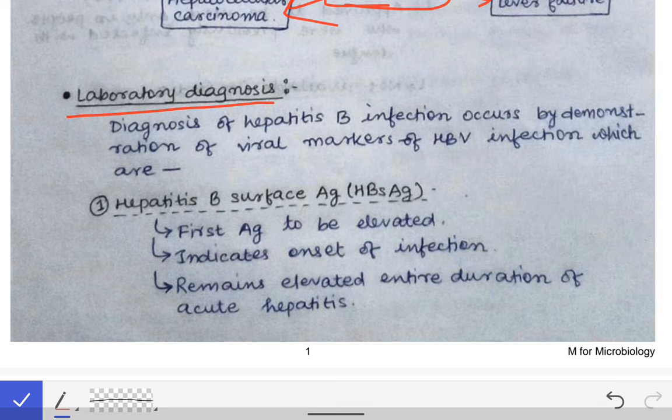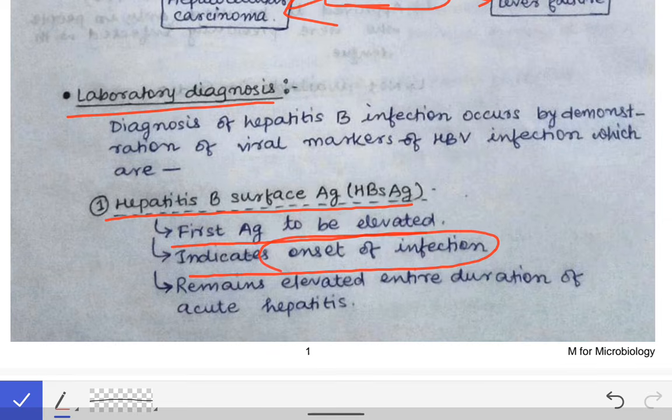Coming to the first antigen, that is the hepatitis B surface antigen, HBs antigen. Why is it important? It is the first antigen to be elevated. If this hepatitis B surface antigen comes out to be reactive, that means positive, then it indicates that the infection has been initiated.